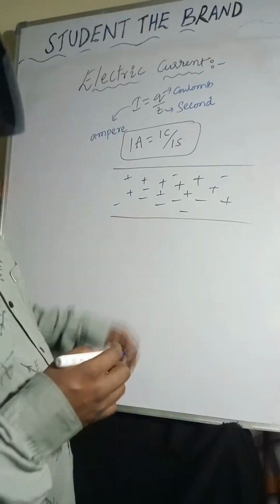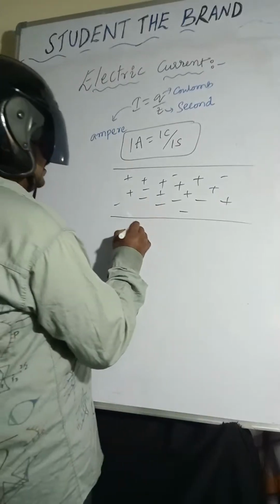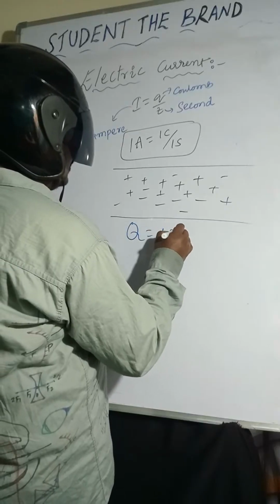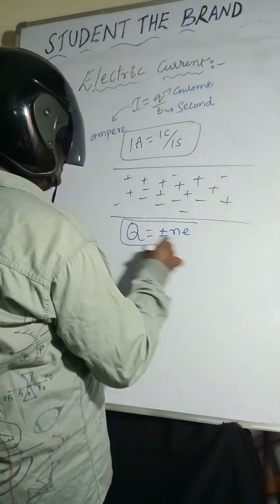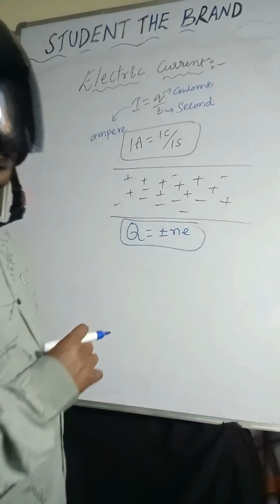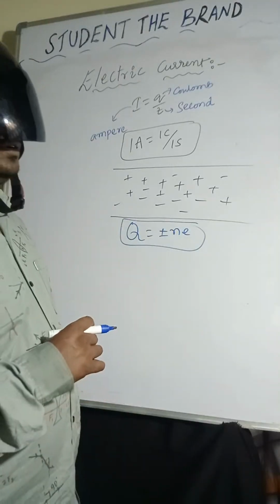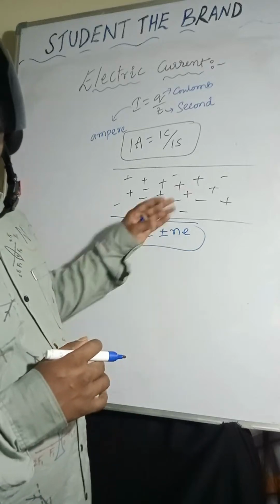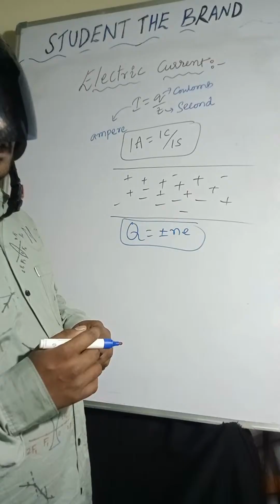Now I equal to Q by T, so here is the number of charges. Charge is nothing but quantization of charge. This is called quantization of charge.